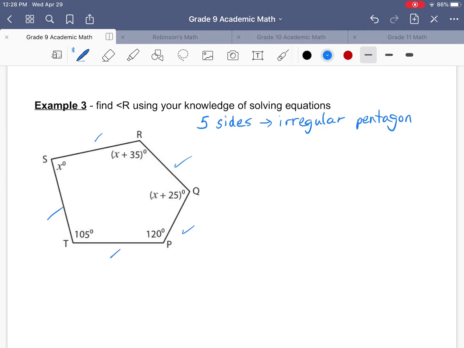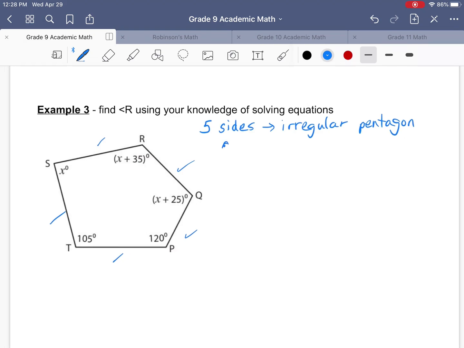The next thing we need to do is find the sum of the interior angles for a pentagon. So sum is equal to 180 times n minus 2, and we end up with 180 times 3, which gives us 540.